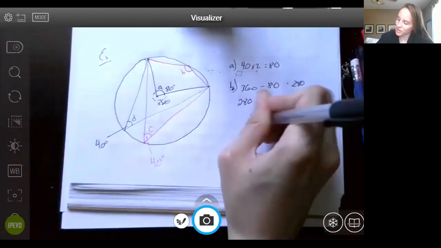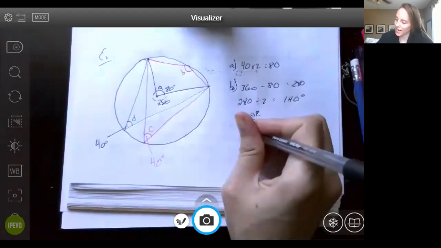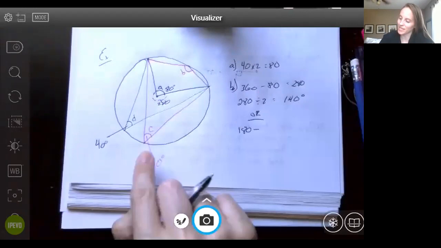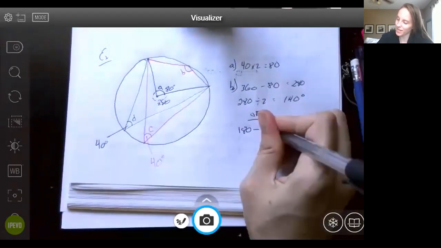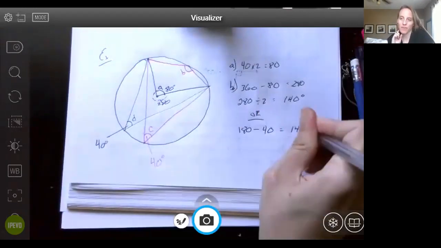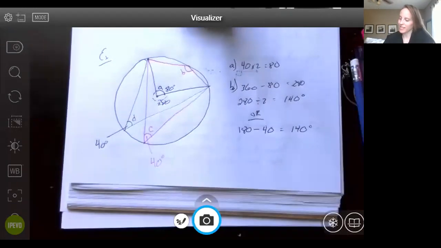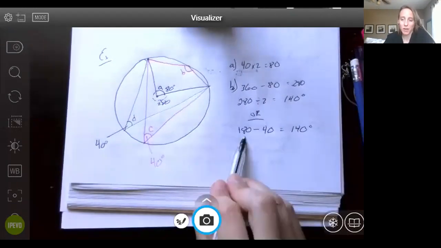Or you could just remember the rule that 180 minus the opposite inscribed angle of 40 would also give you that. Obviously, the second way of doing it is faster, but a lot of people forget that rule or they think it's 360.